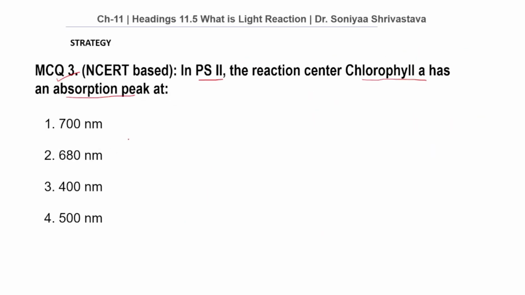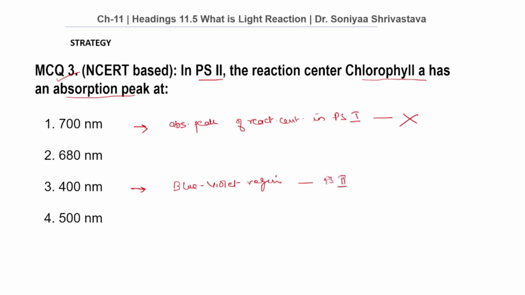First one is 700 nm. 700 nm is the absorption peak of reaction center in photosystem I. So this option is wrong. Option number 3. This lies in blue and violet region. Although pigments can absorb light here, it is not the characteristic absorption peak of photosystem II. So this is also the wrong option.